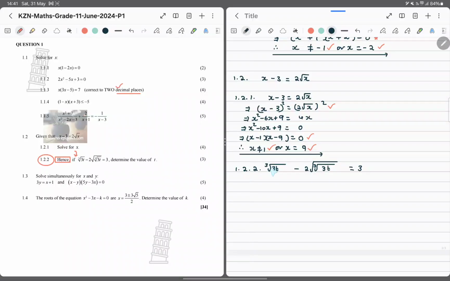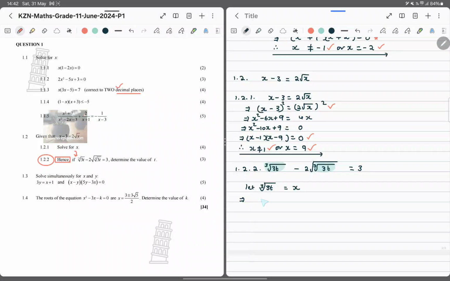Now we can let the cube root, because you can see this is still under the square root as well. So we can make that x. We can say let the cube root of 3t be equal to x.